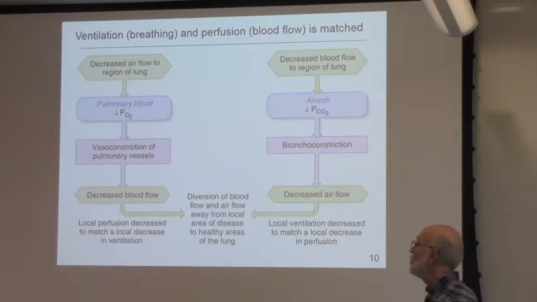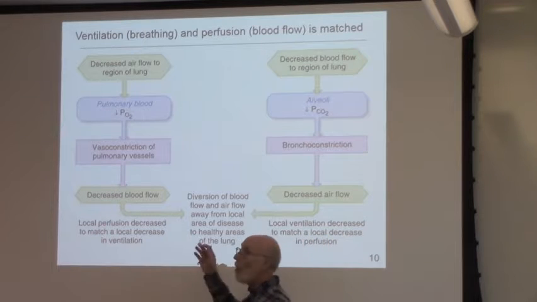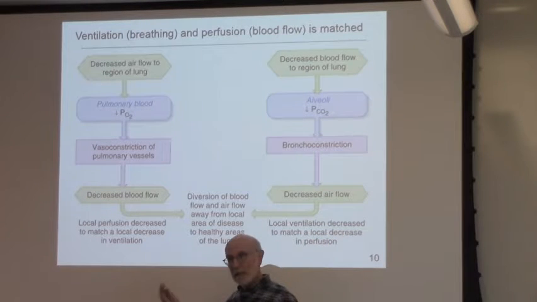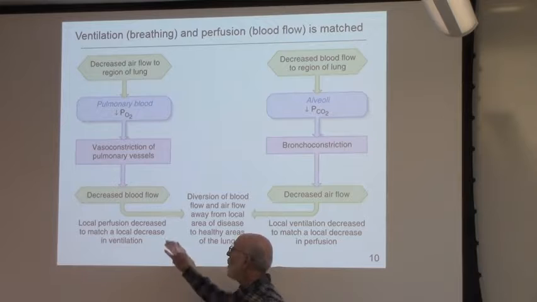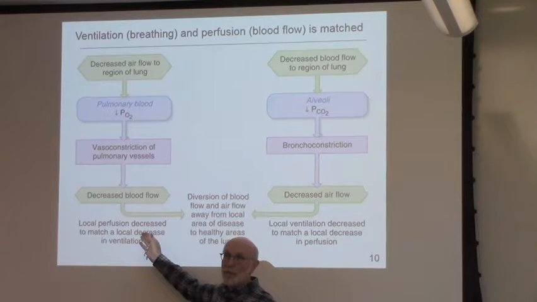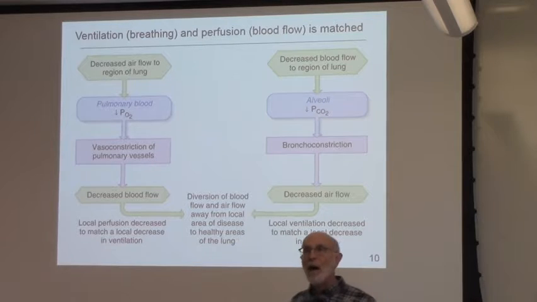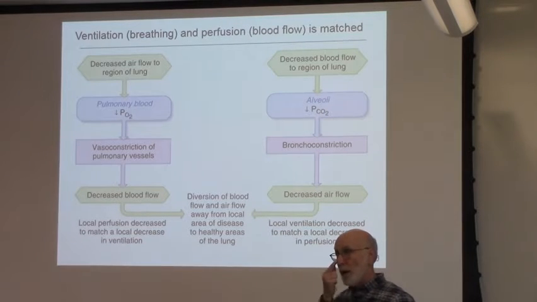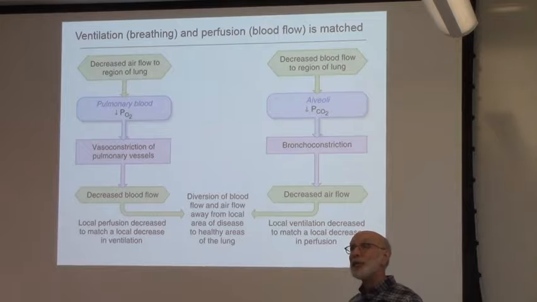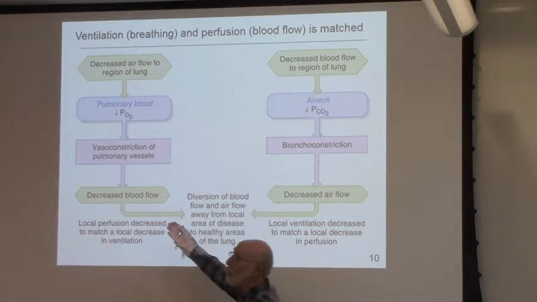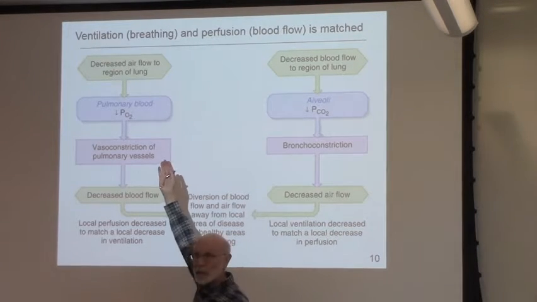We call airflow ventilation, as I've said before, and we call blood flow perfusion. The blood is perfusing the alveoli. The alveoli are ventilated with air. There's a matching of perfusion with ventilation.